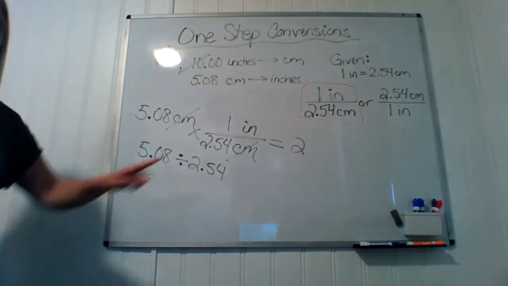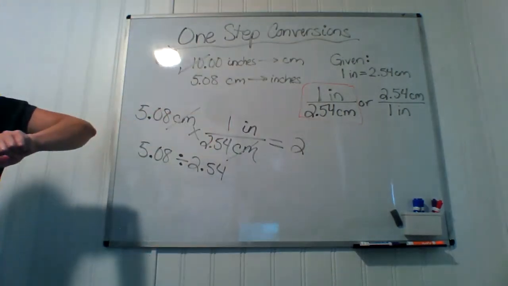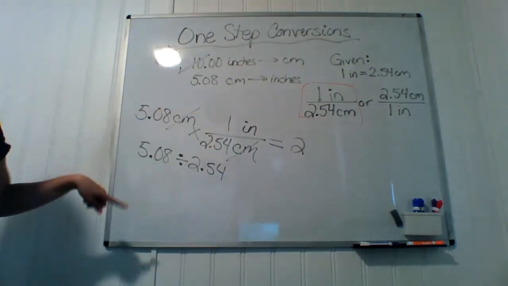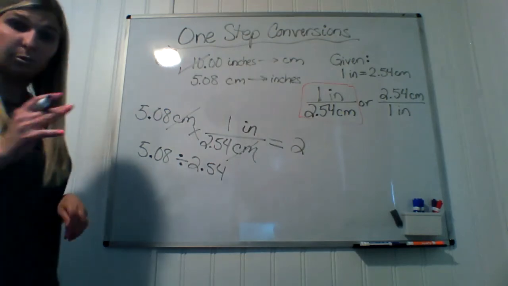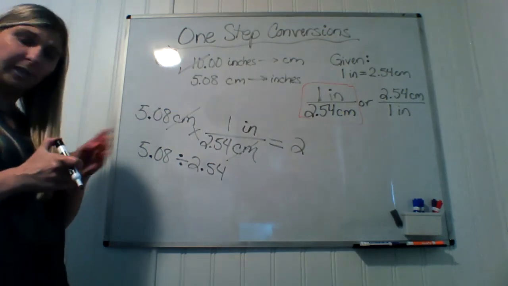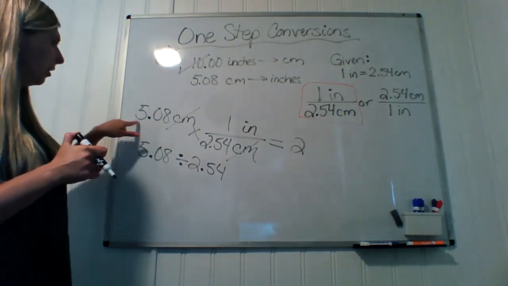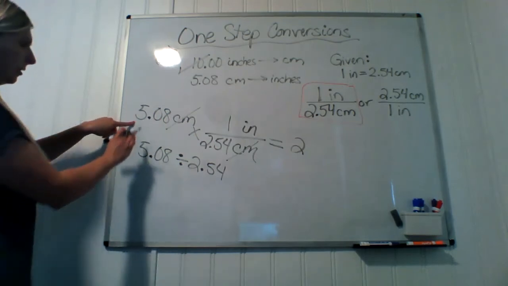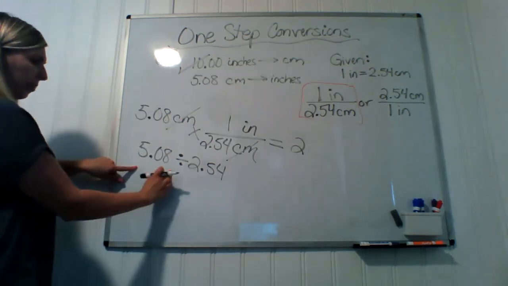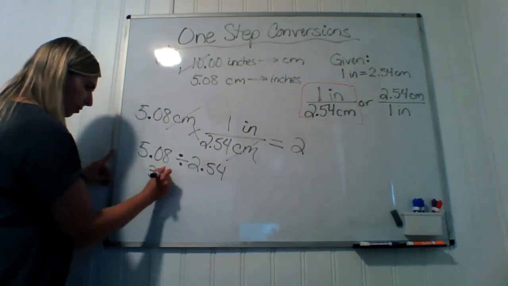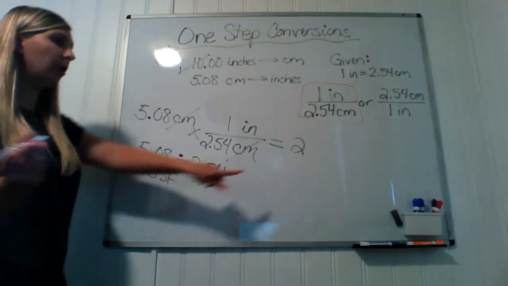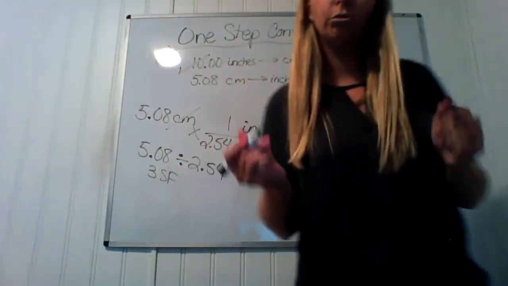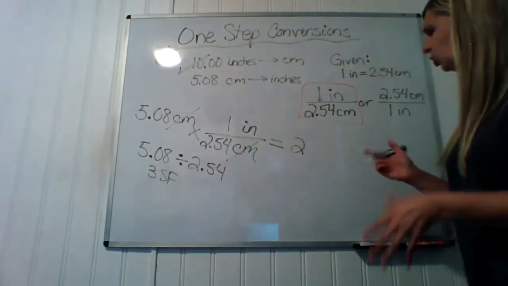Okay, but is this answer acceptable? According to significant figures, we need to account for the precision of this value. This value gives us 1, 2, 3 significant figures. So therefore, our final answer must also show that same amount of precision.